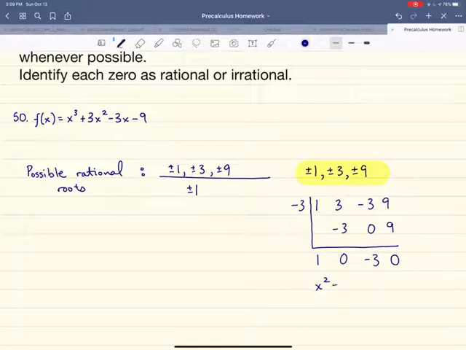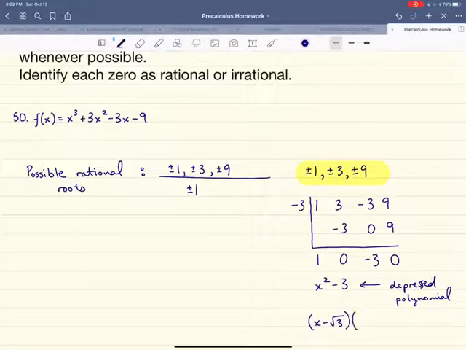So this means my depressed polynomial is x squared minus 3. X squared minus 3 factors as x minus root 3 multiplied by x plus root 3.